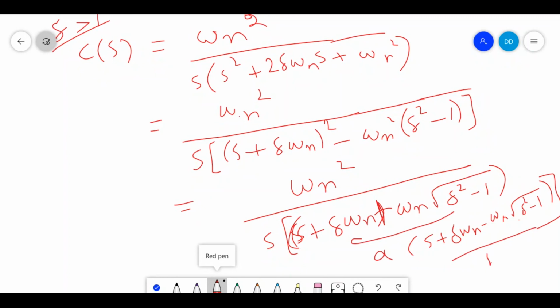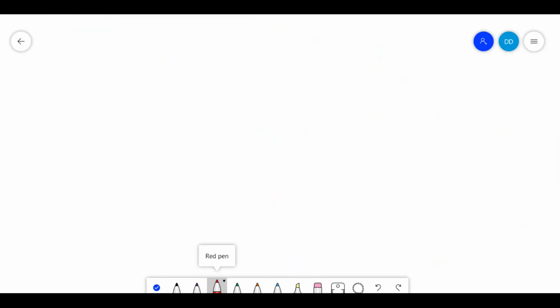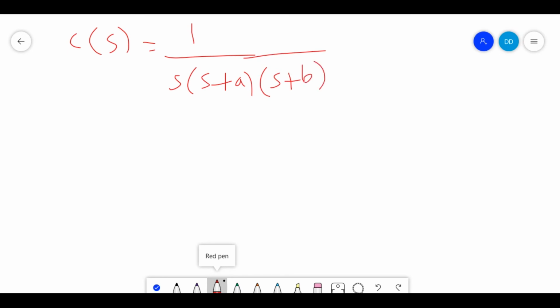Now we will consider this term as A and this term as B for our simplifications. So later on we will replace A and B. So we have it in the form C of S equal to 1 divided by S into S plus A into S plus B. On simplifying this, we have to resolve it into partial fractions.